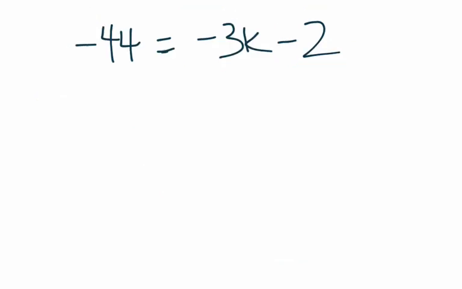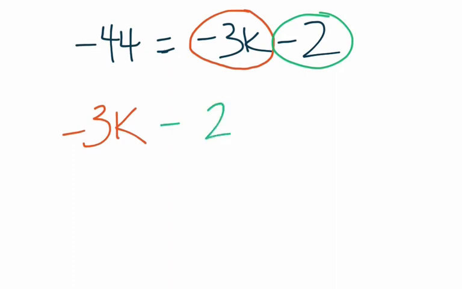Okay, B is the next problem. If you haven't tried to work it out, go ahead and try, and start with rewriting it. Put it in variable plus number equals number format. So the first thing that I notice is that it's negative 3k, then I have minus 2, or negative 2, equals negative 44.